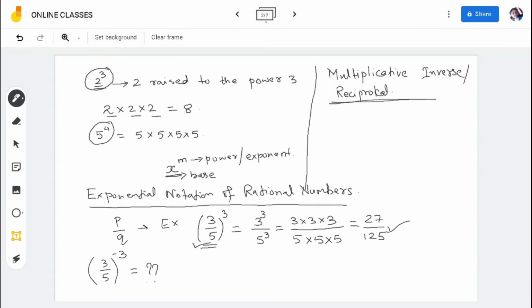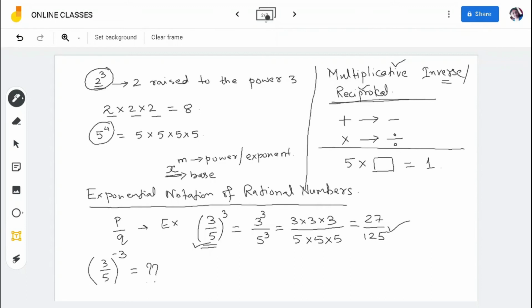We know that the inverse means, if I am talking about plus, its inverse is minus. If I am talking about multiplication, its inverse is division, right? So in the same way, multiplicative inverse or reciprocal means, in a particular number, think that in 5, what should I multiply with so that it will become 1.